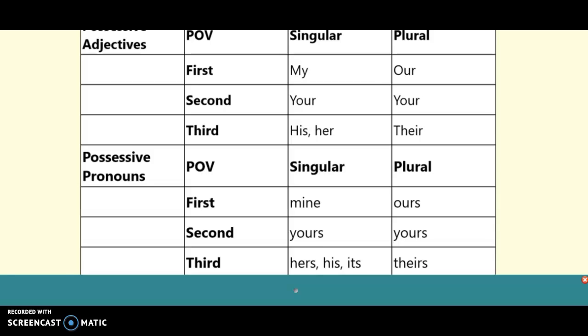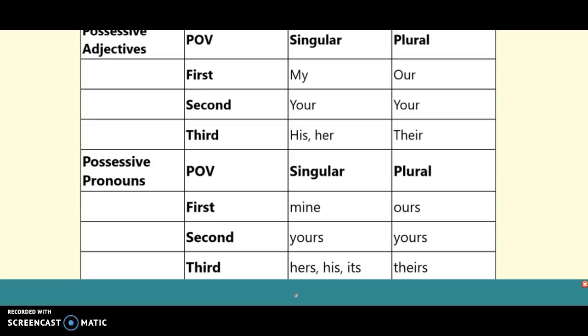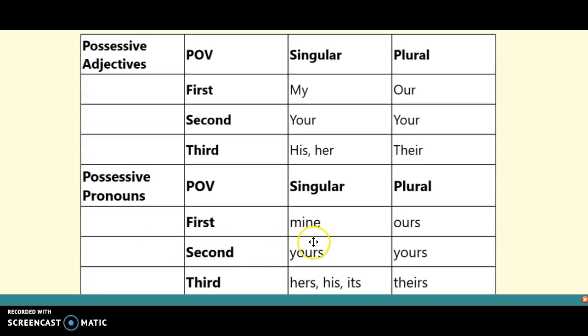At the bottom here, you're going to see possessive pronouns, okay? Instead of saying that is my toy, you could say the toy is mine. So that would be the difference between using a possessive adjective and a possessive pronoun. Instead of saying this is your house, you could say the house is yours.